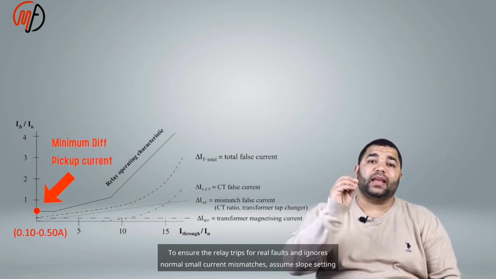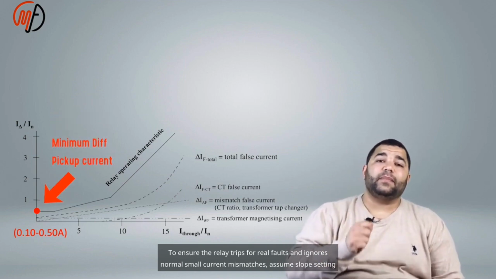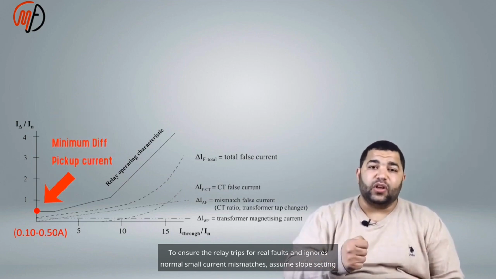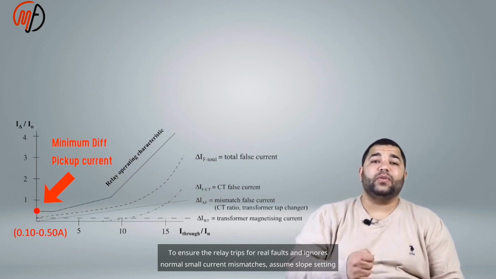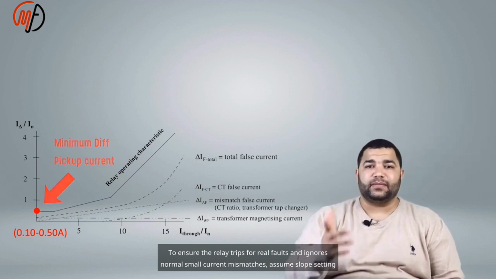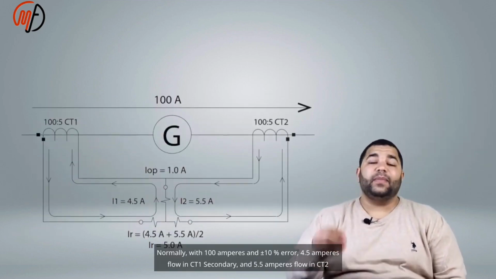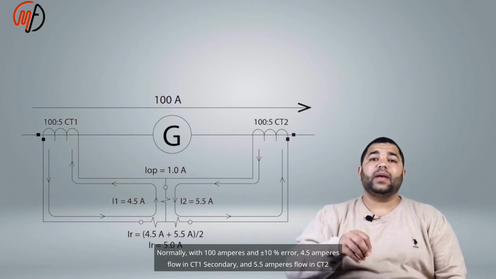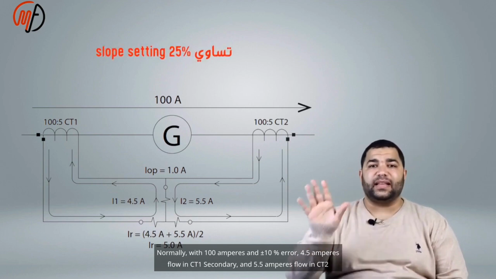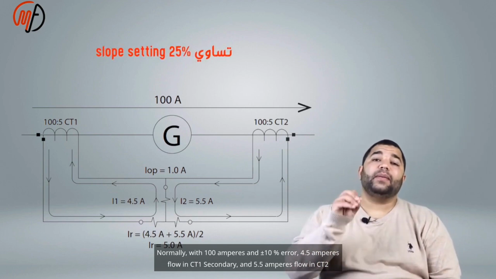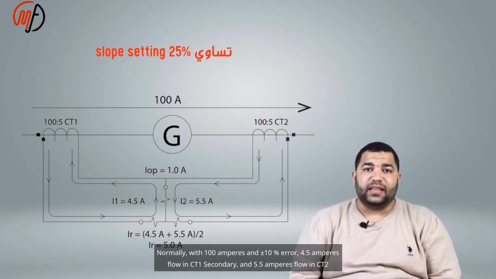To ensure the relay trips for real faults and ignores normal small current mismatches, assume the slope setting is 25%. Normally, with 100 amperes and plus 10% error, 4.5 amperes flow in CT1 secondary, and 5.5 amperes flow in CT2 secondary.